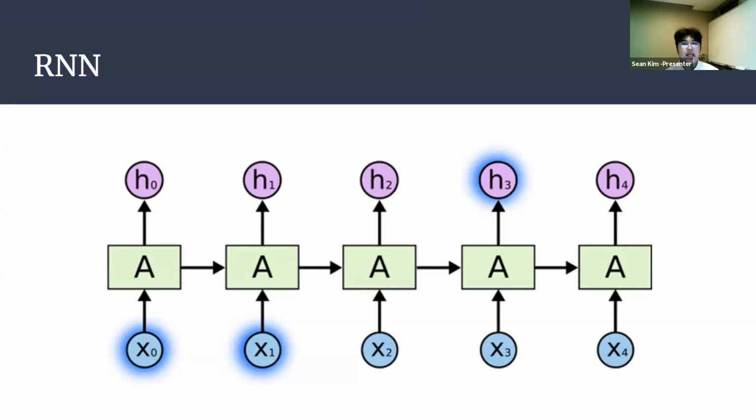Like this, if there isn't too big of a difference between the information you need to pull from and the information you are working with right now, RNN is able to do its job very well. Now, this image that's shown here is an example of a short-term dependent RNN.